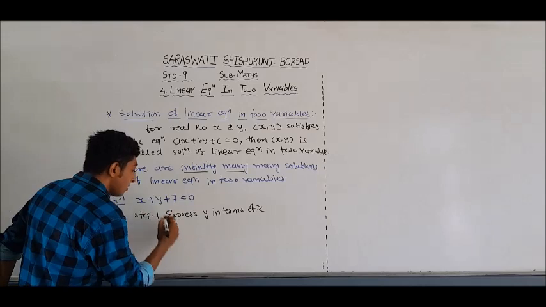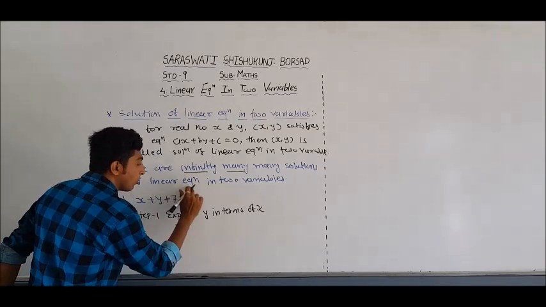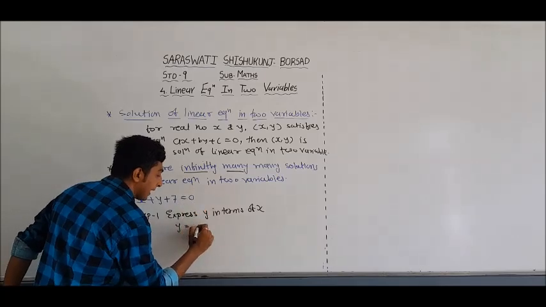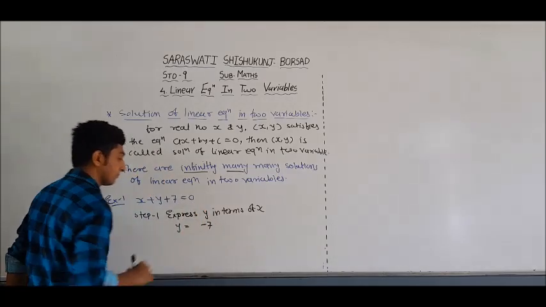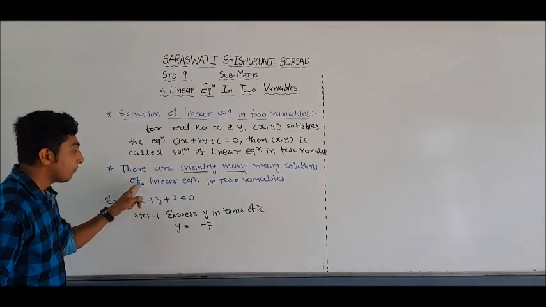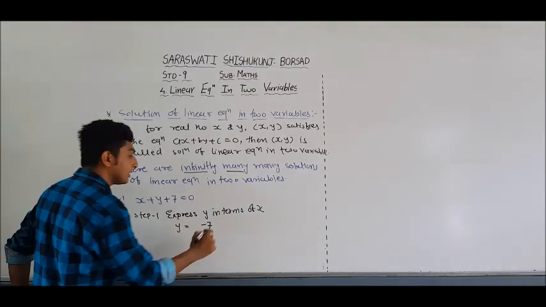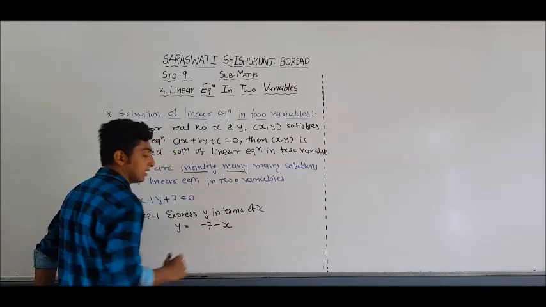So I can write y equal to, plus 7 will go on the right hand side, this will be minus 7. Here x is also positive, which goes on the right hand side, it will be negative, that is minus x.